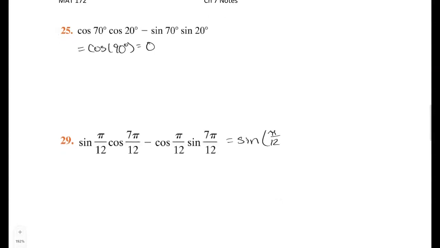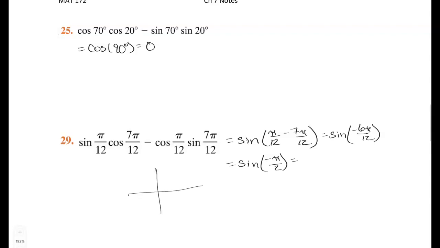So sine of pi over 12 minus 7 pi over 12. So that's going to be the sine of negative 6 pi over 12, which is the sine of negative pi over 2. And if you think about that unit circle, negative pi over 2 is here. And that y coordinate is negative 1.